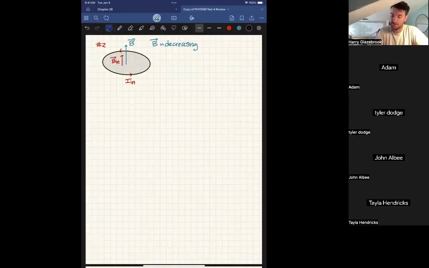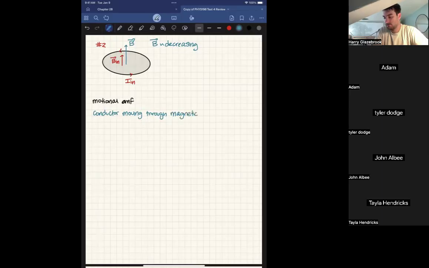So there is something called motional EMF. It's just an example of induction where you have a conductor moving through an external magnetic field. Again, this is just a special example of induction. You'll know it's motional EMF if you see a conductor moving with some speed through a magnetic field.